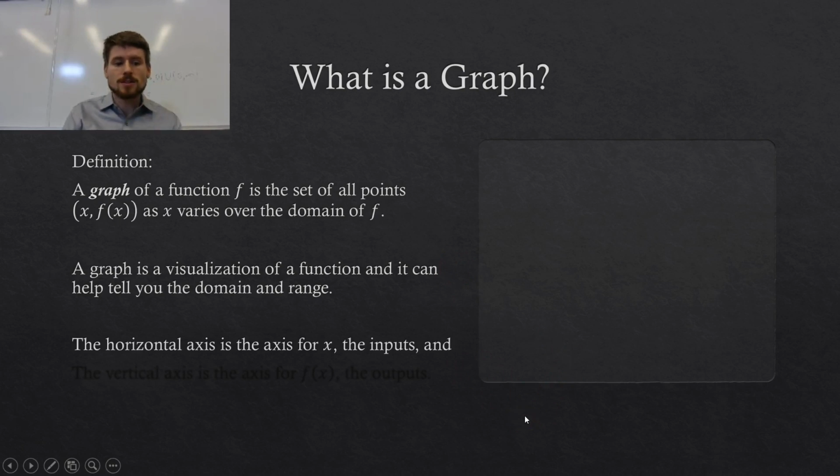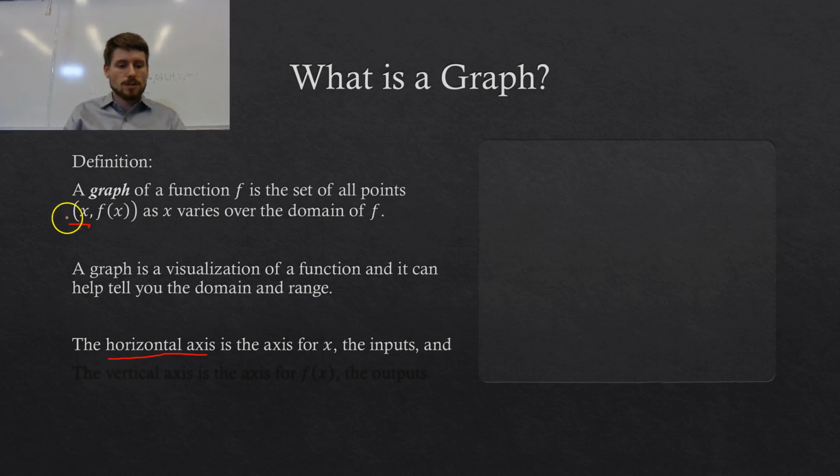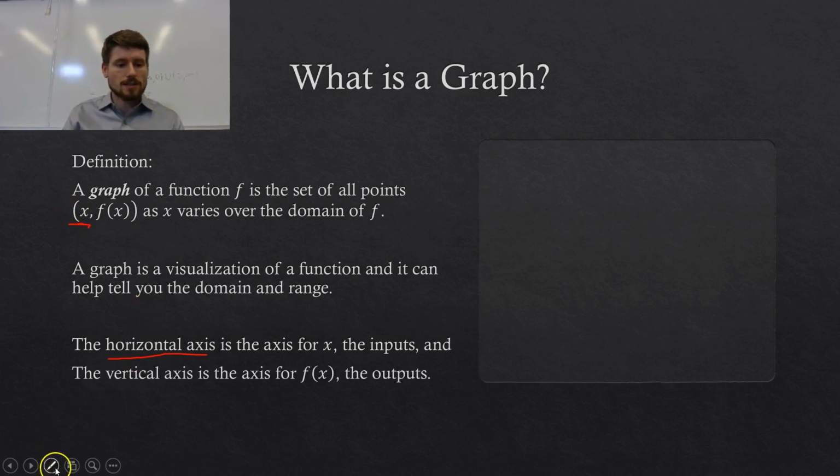When we graph things on the coordinate plane, we always use the horizontal axis, the left-right axis, for our inputs, the x values, which is the first coordinate. So I just want to highlight this. Our horizontal axis is going to go with our x's. And we're always going to use the vertical axis for the y's, or the f of x's.